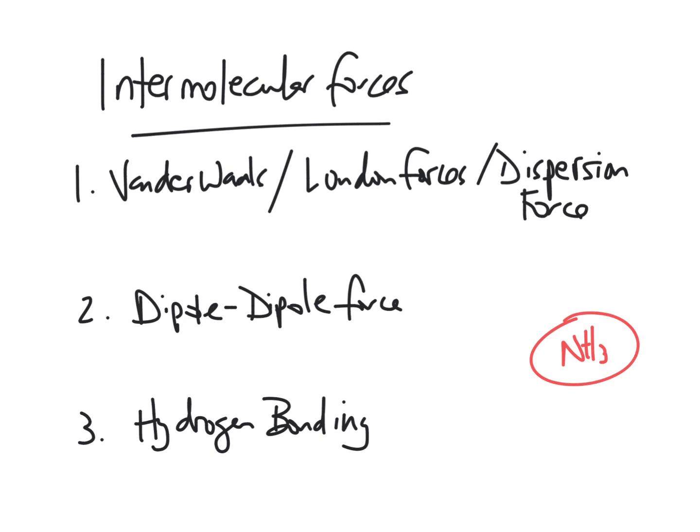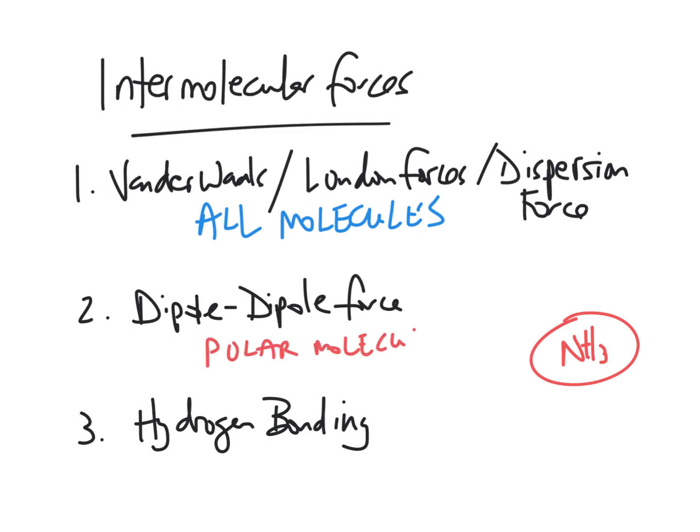And what we see is we have these three main categories of intermolecular forces. We have the van der Waals forces, London forces, or dispersion forces. All those names mean the same thing. And these are forces that occur in all molecules. We then have dipole-dipole force. These are forces that occur only between molecules that have a dipole. So they're only among polar molecules.